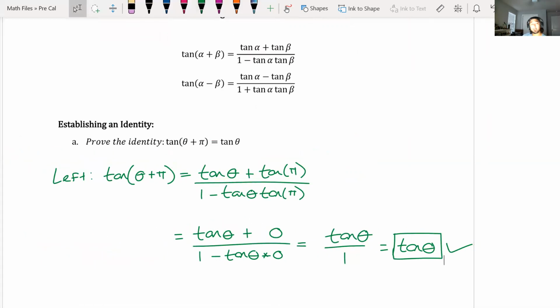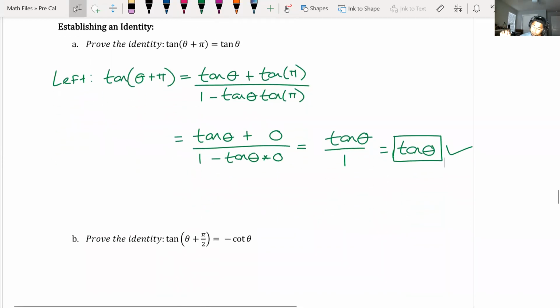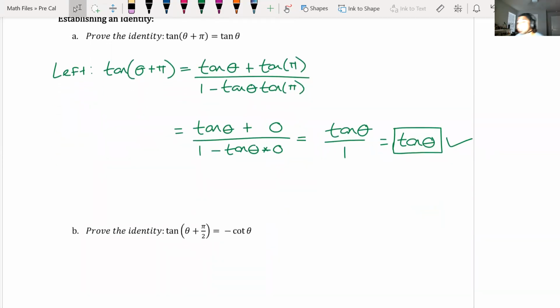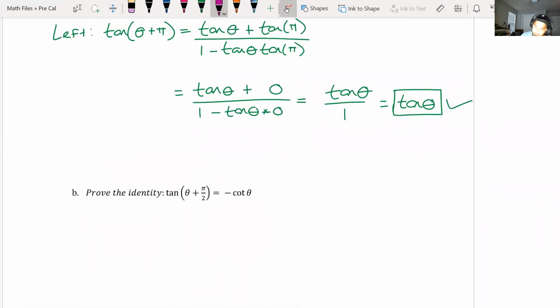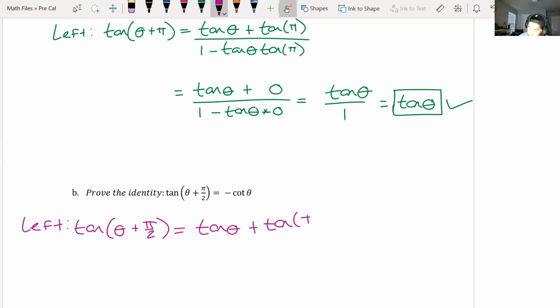All right, cool. Next one. Prove that tangent of theta plus pi over 2 is equal to negative cotangent theta. So we will use the sum formula again. Left side: tangent of theta plus pi over 2 will give you tangent theta plus the tangent at pi over 2 over 1 minus tangent theta times tangent at pi over 2.